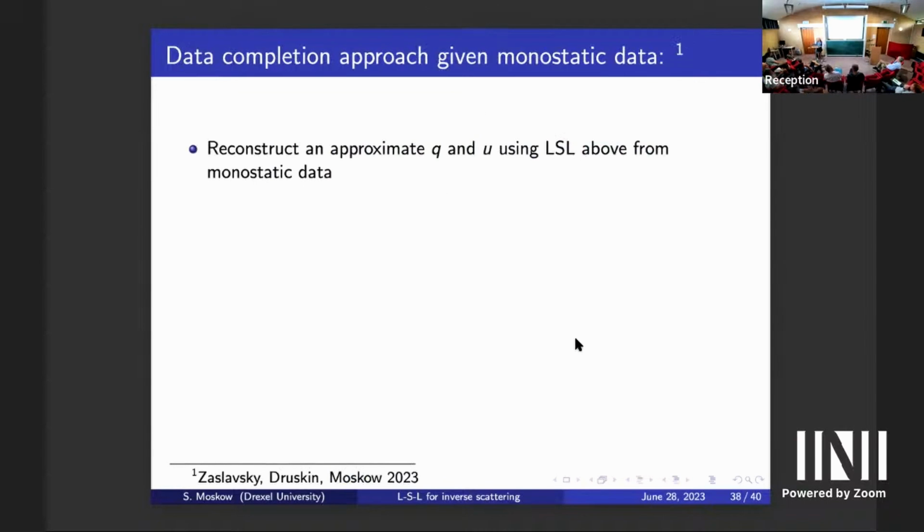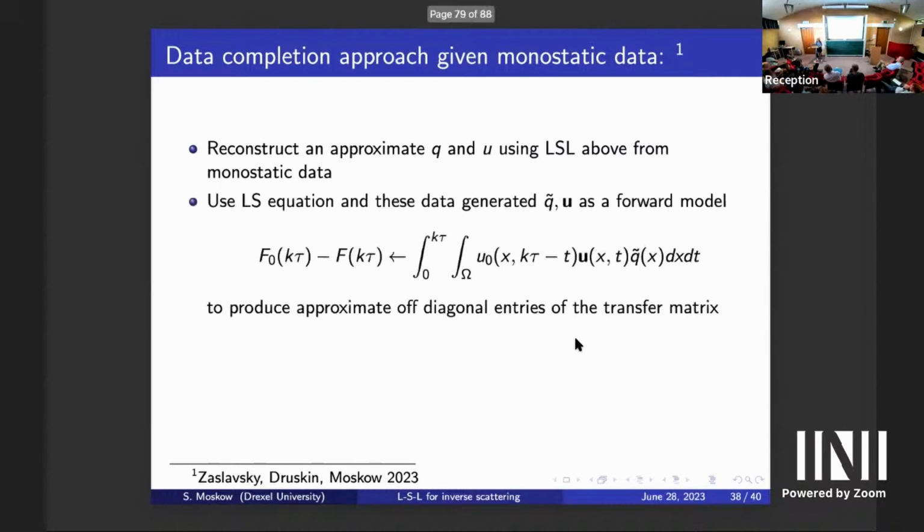In our new work, we've been working on still using monostatic data, but doing some data completion. I'm not sure how this relates to what you were bringing up there, but we're given again the diagonal transfer function, and let's first reconstruct approximate Q and U using the Lippmann Schwinger Lanczos algorithm from above, or some other algorithm, from this data.